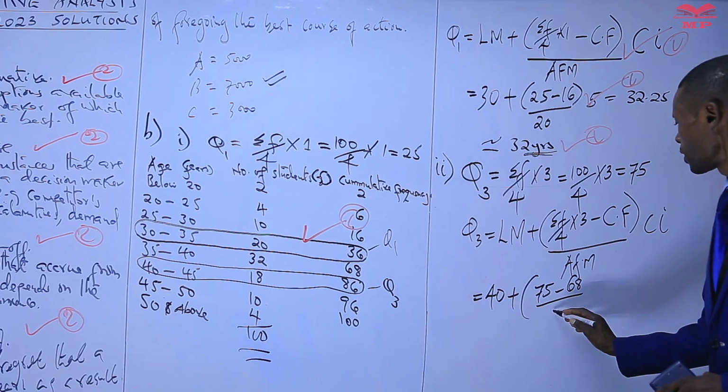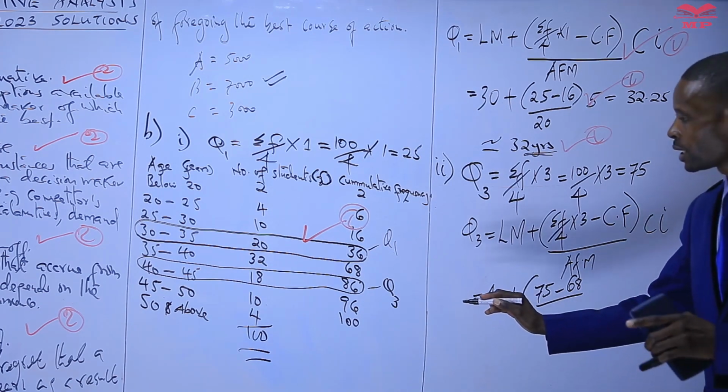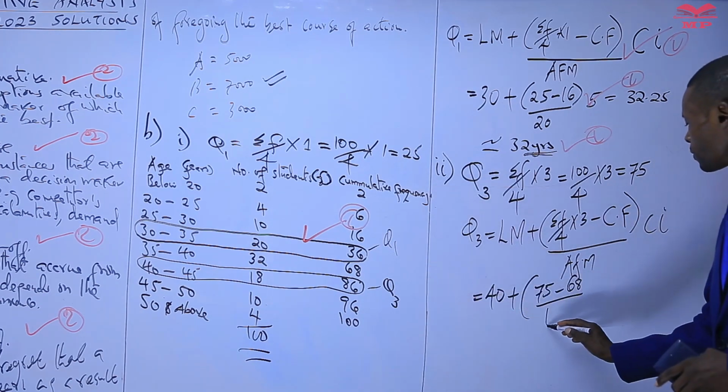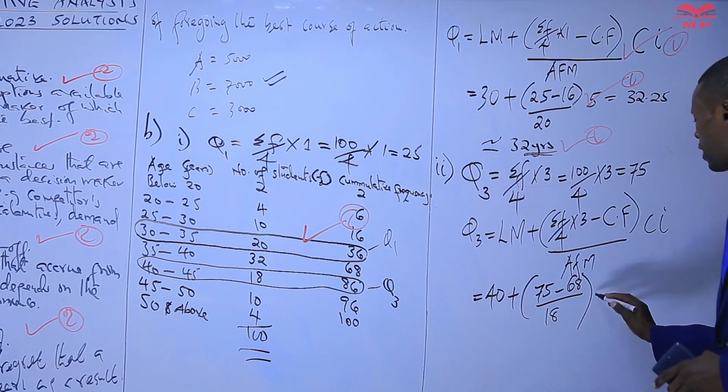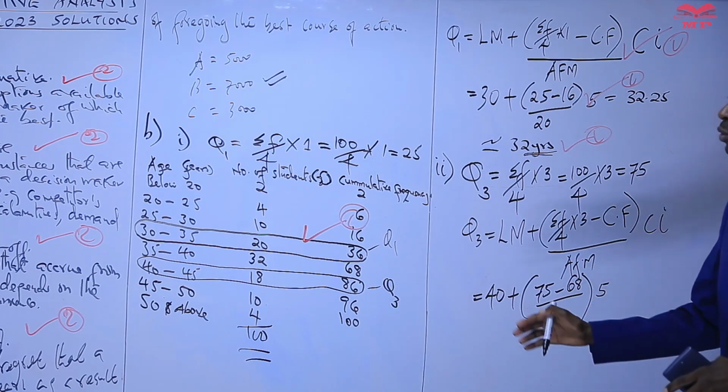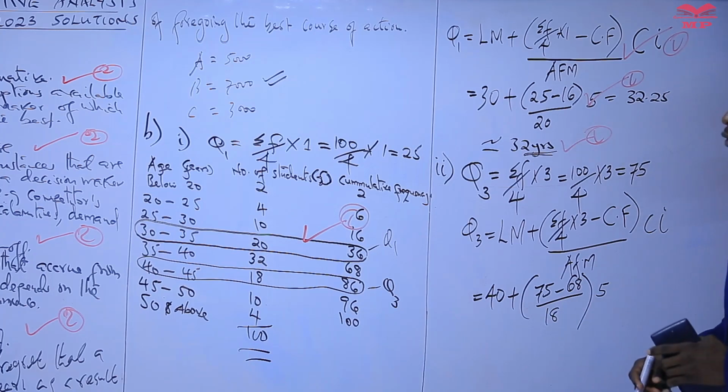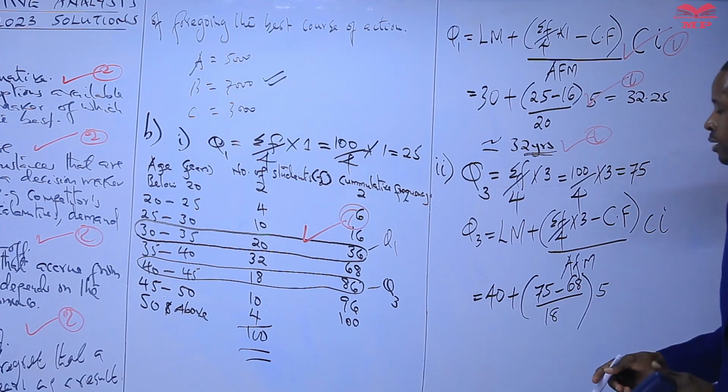Divided by the actual frequency, which is 18. Then lastly, I multiply with 5, which is the class width.